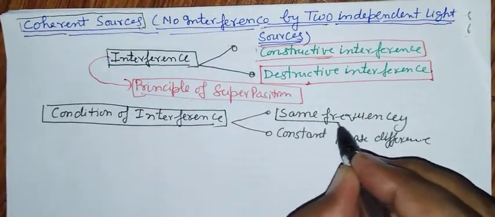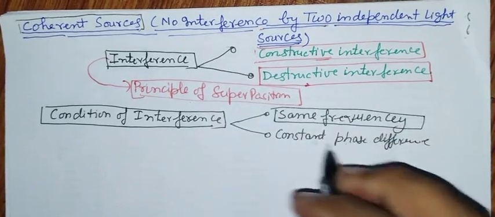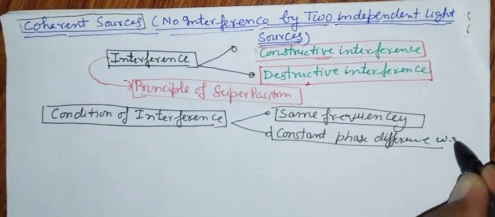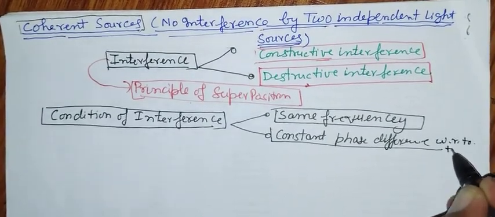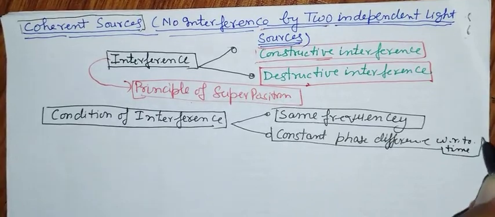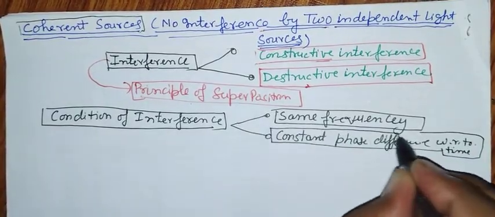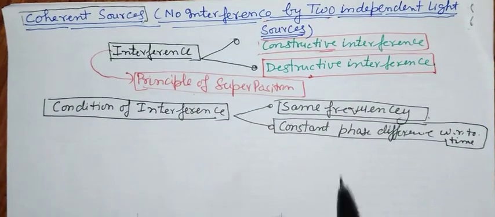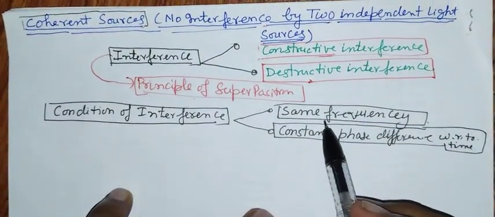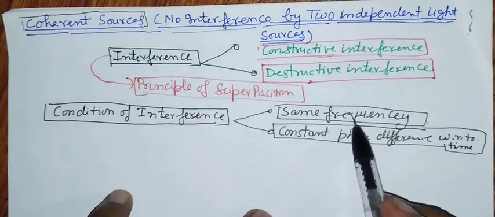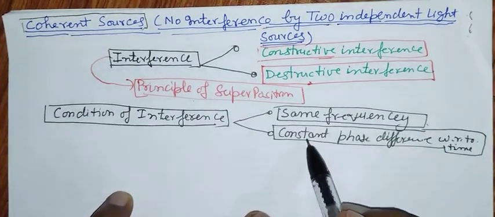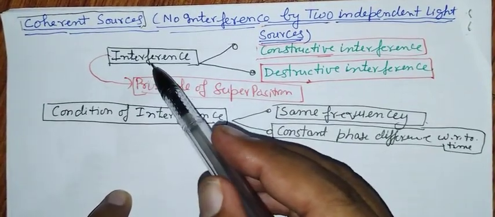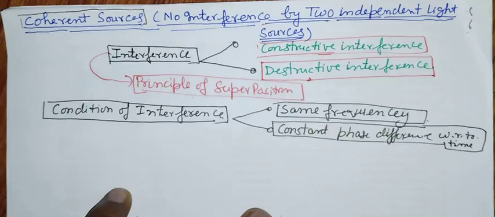Interfering waves must have the same frequency or wavelength and have a constant phase difference with respect to time. Two conditions, so see carefully. Here a source of light is needed which has the same frequency, producing a constant phase difference to produce the phenomenon of interference.